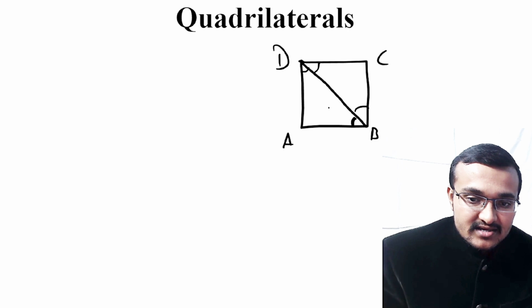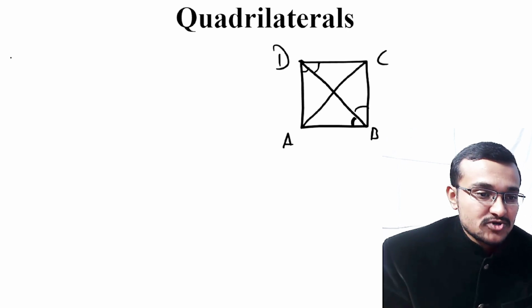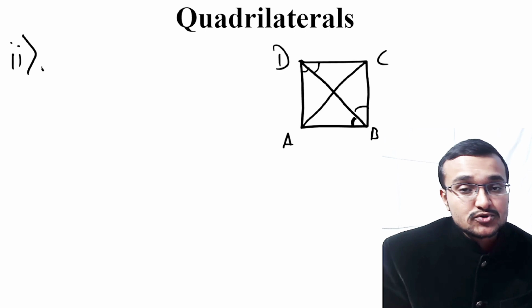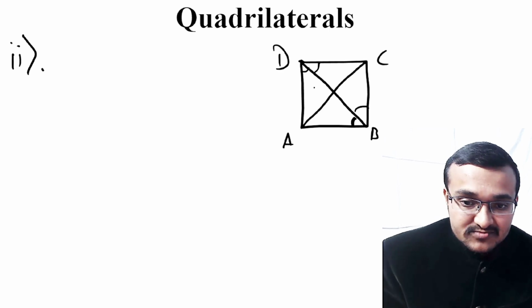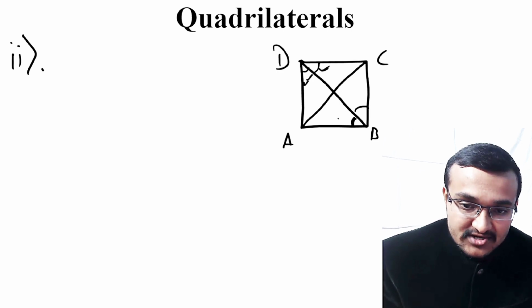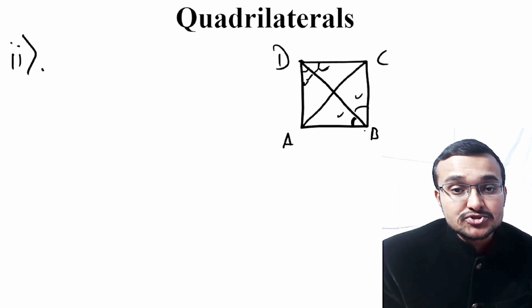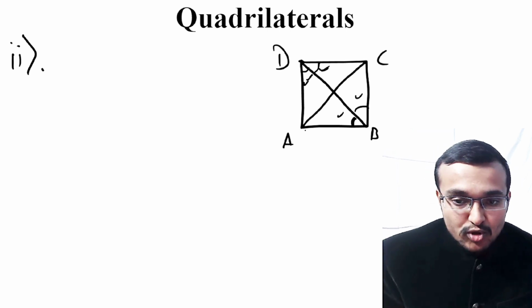So now we are solving the second question in the same fourth question. That is, BD also bisects B and D both.